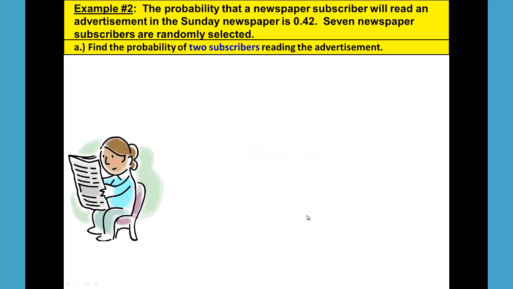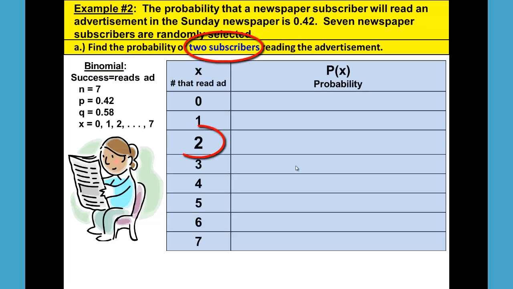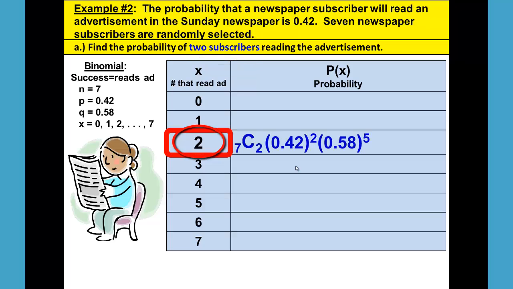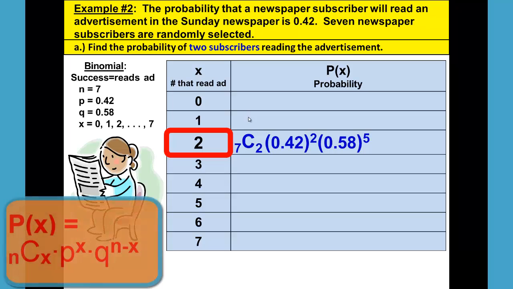A. Find the probability of 2 subscribers reading the advertisement. Notice that Ms. Borlaug has highlighted that 2 subscribers. That means we're looking for just the 2. Our formula is given here. Where did we get the formula? Remember that the first part of the formula is the count.